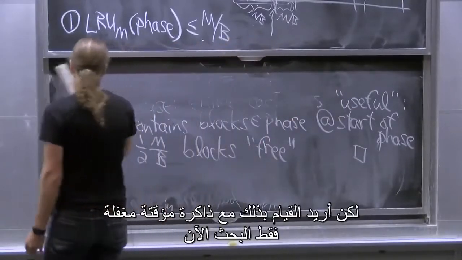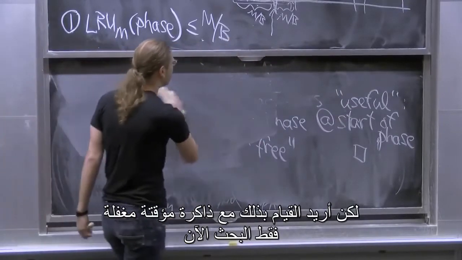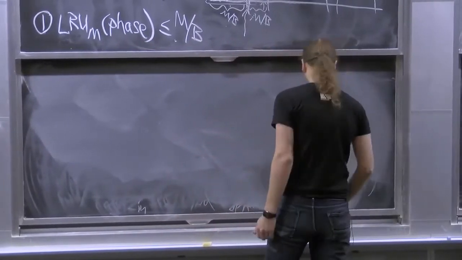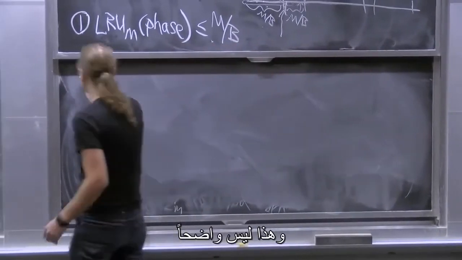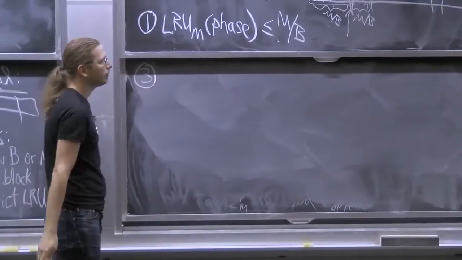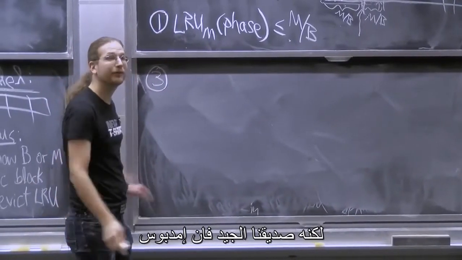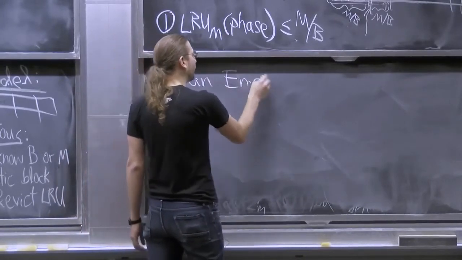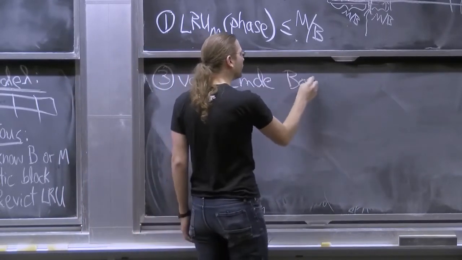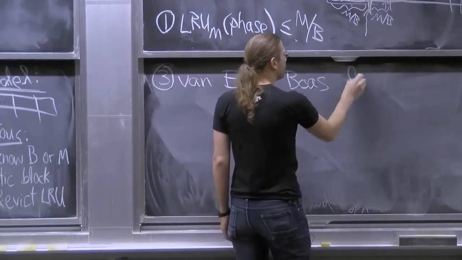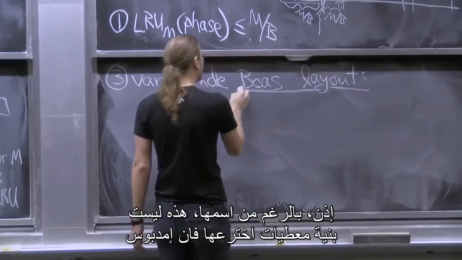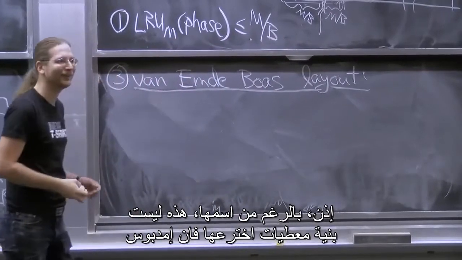But I want to do it cache obliviously. Just the search for now. And this is not obvious, but it's our good friend van Emde Boas. So despite the name, this is not a data structure that van Emde Boas invented.